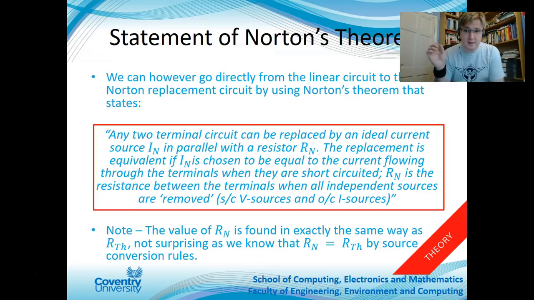So finding R Norton is exactly the same as finding R Thevenin. The only difference between the Norton and the Thevenin source is that with the Thevenin source you're looking for the open circuit voltage, whereas in Norton you're looking for the short circuit current. One is an open circuit and one is a short circuit. So again, they're like opposites of each other.